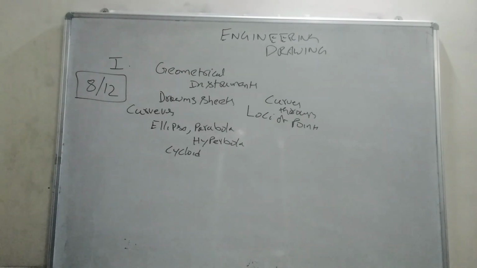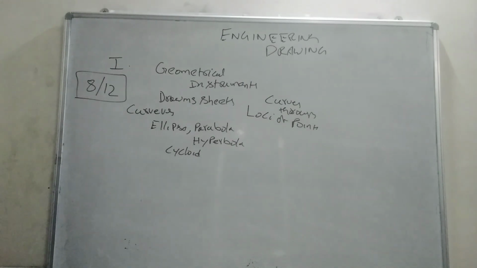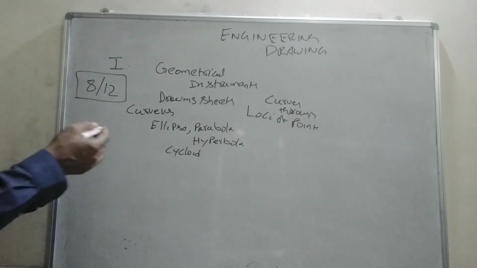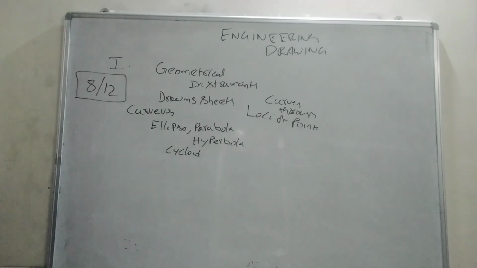So weekly, you can allot 2 drawing classes of 3 hours, that is 6 hours per week to draw the problems in the drawing hall, and the remaining hours you can use for classroom concepts, where you can explain the concepts and the method of drawing.